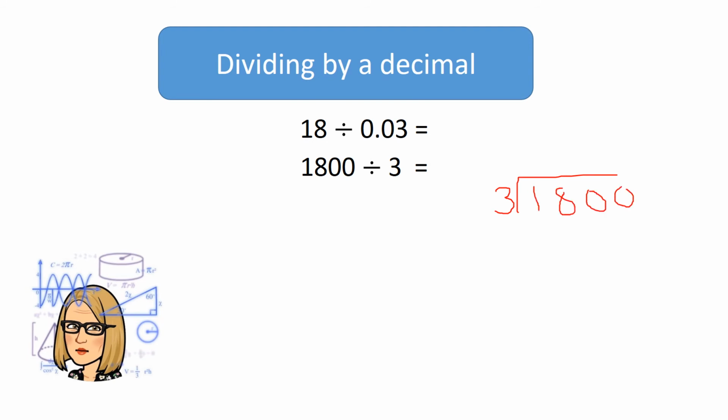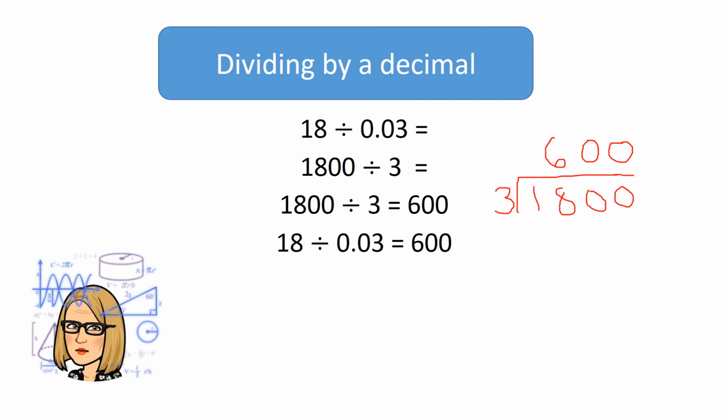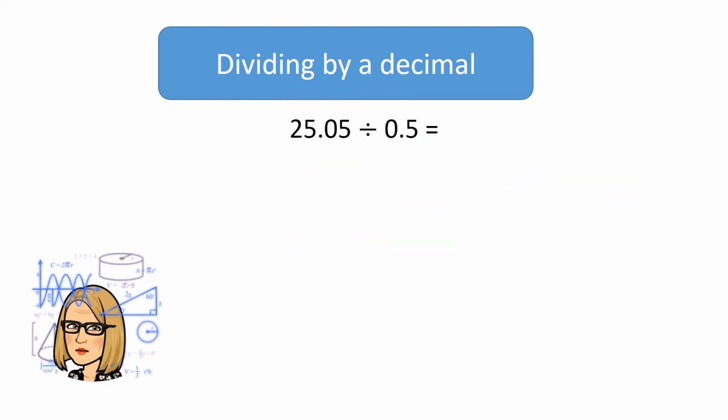Again, apologies for my writing with the mouse. So how many 3s are there in 1? There's not. So how many 3s are there in 18? Well, 3 times 6 is 18. How many 3s are there in 0? 0. How many 3s in 0? 0. So if I know that 1800 divided by 3 is 600, then 18 divided by 0.03 must also be 600.